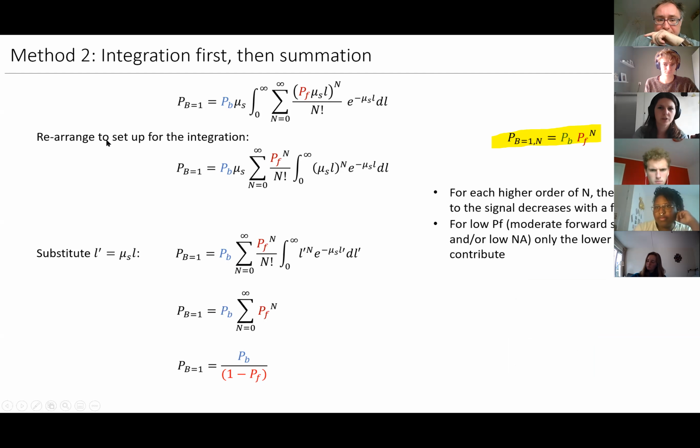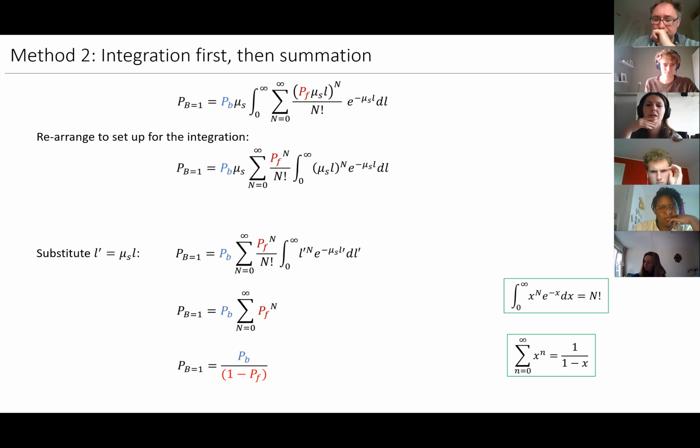I have a question. Of course. In the third line of the PB equals 1, you use the fact that the integral of x to the power of n multiplied with e to the power of minus x dx is a certain summation, but we do not have x to the power of n multiplied with the exponential of minus x times dx.